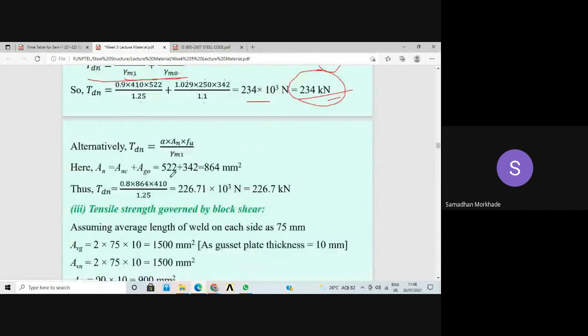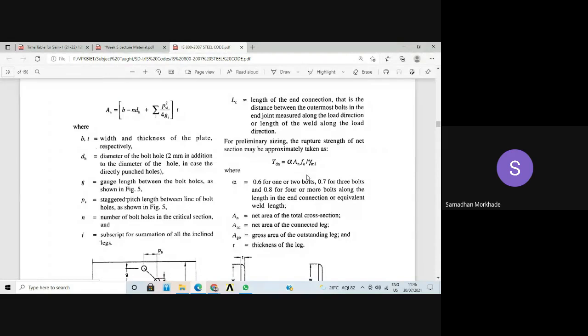Block shear. This is the TDN by the alternate approximate equation, alpha into AN into FU by gamma M1. Alpha depends upon the number of bolts, or welded.